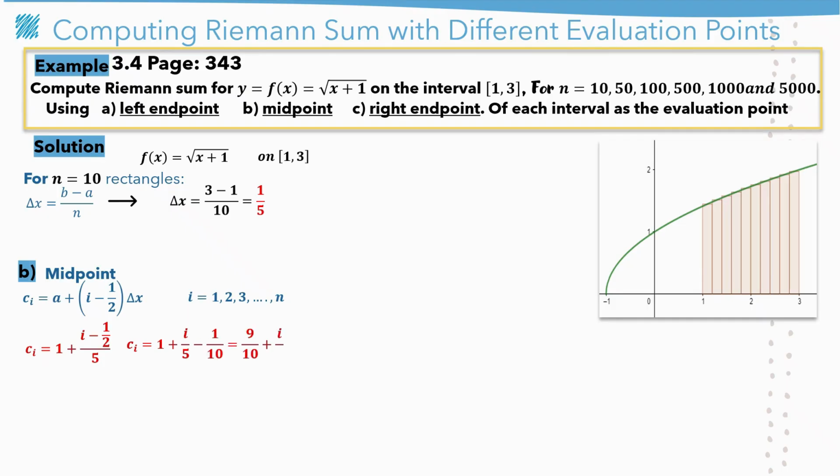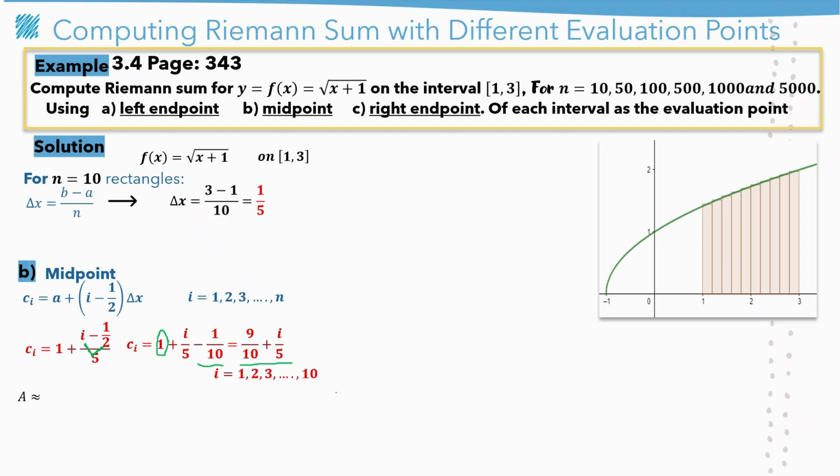So when you replace it and simplify, you will get your ci as 9 by 10 plus i by 5. How? Your i will be divided by 5 and half will be divided by 5. That's how you got negative 1 by 10. Later, club with 1, you will get 9 over 10 plus i over 5.